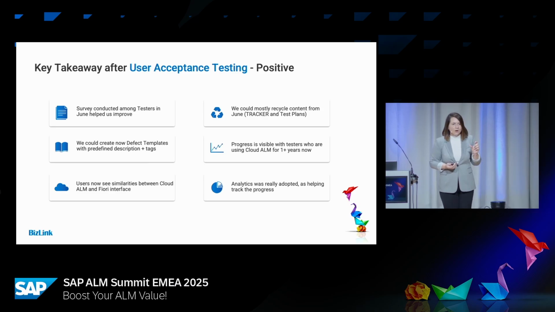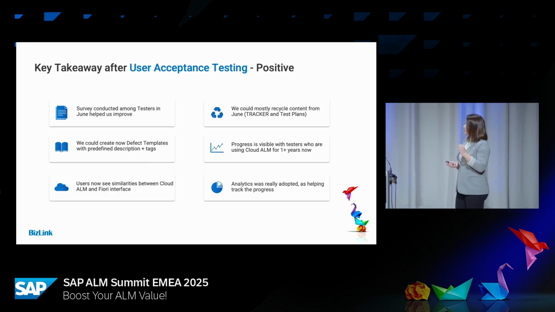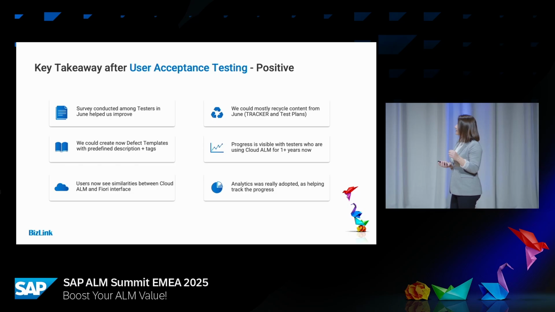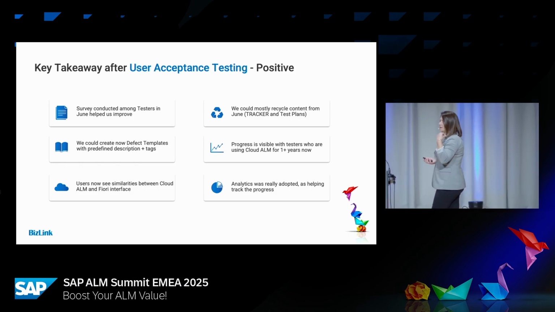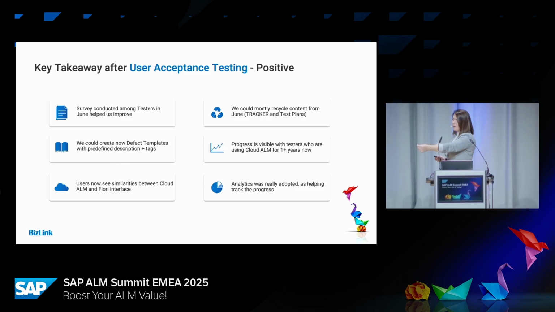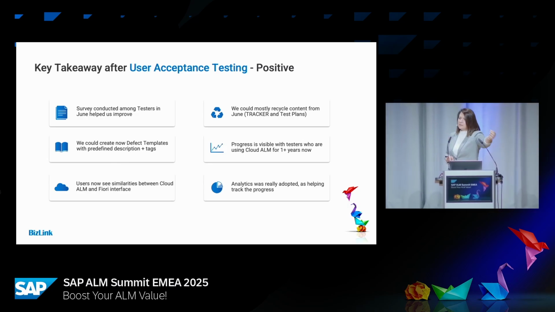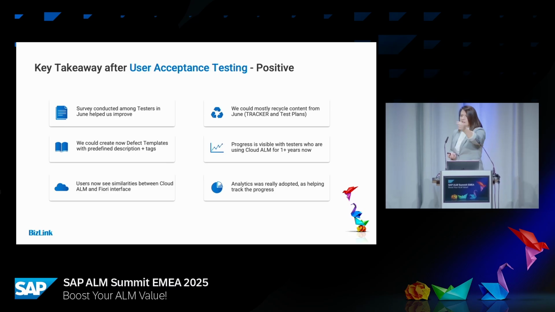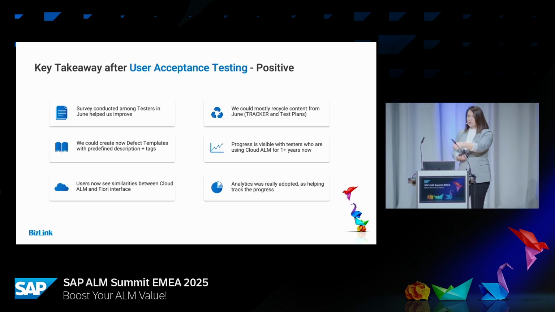And this was more about the usage than the functionality in Cloud ALM, because they were annoyed that the defects were ping-ponging between the user and a developer. One developer says another person needs to take care of this, then it goes back to you for retesting, you say no, this is not sufficient.